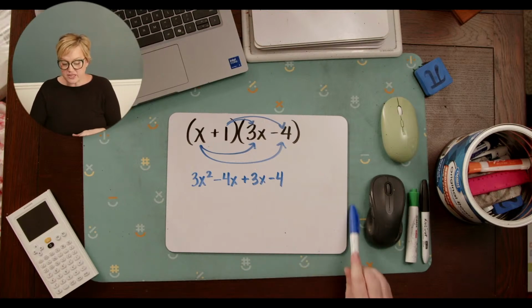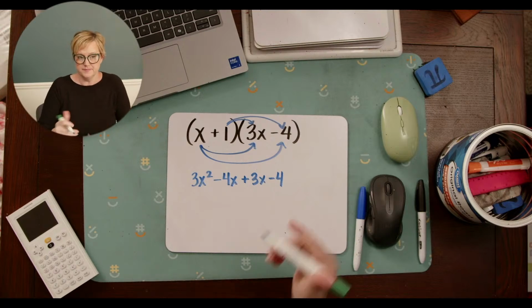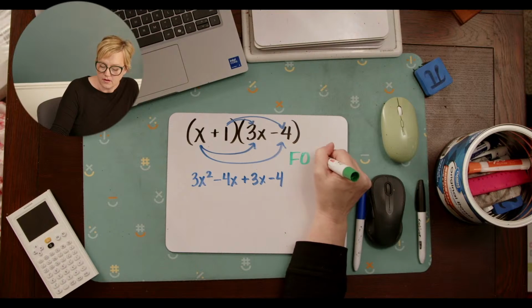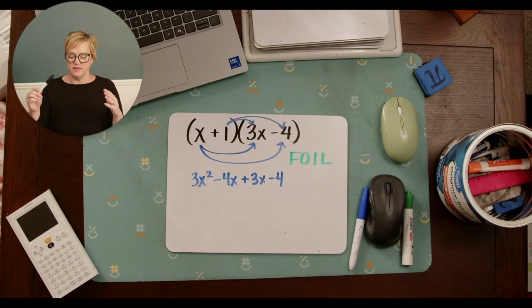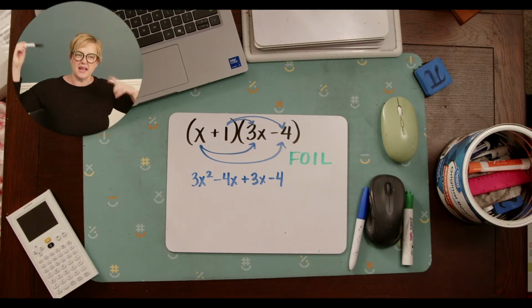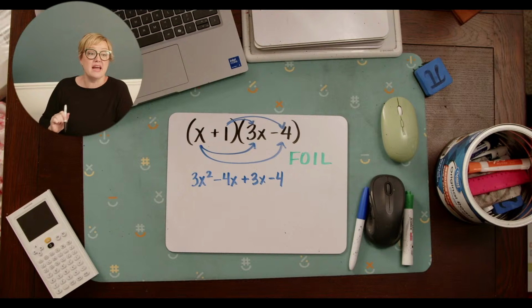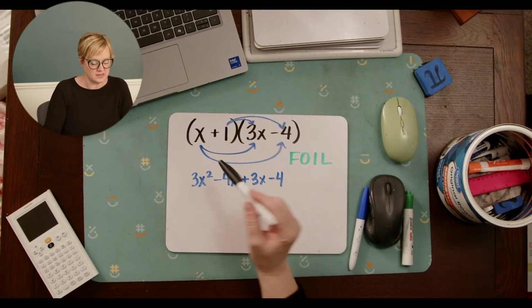Now, an easy way to remember how to do these is FOIL. Foiling is almost like a checklist of, did I multiply everyone together? I will definitely show you the box method, absolutely, because I actually prefer the box method anyway.